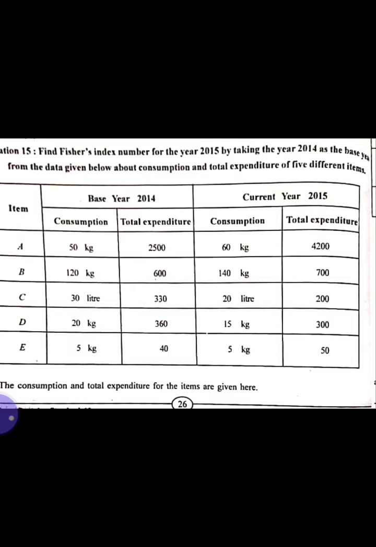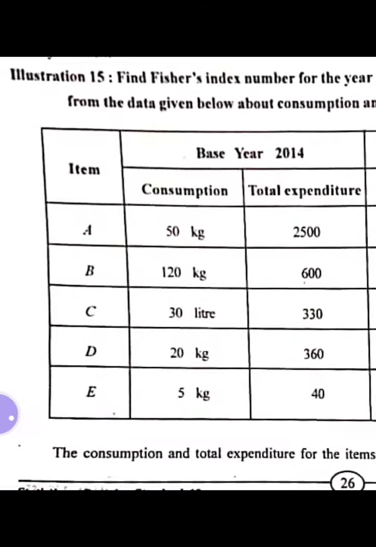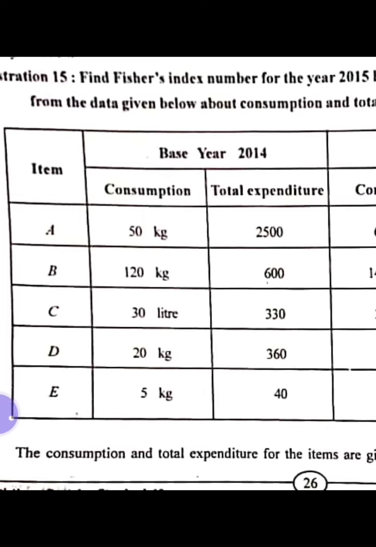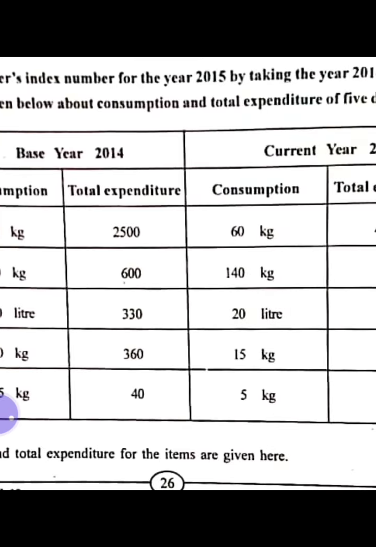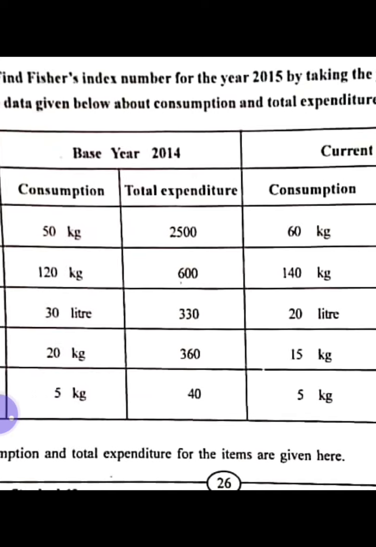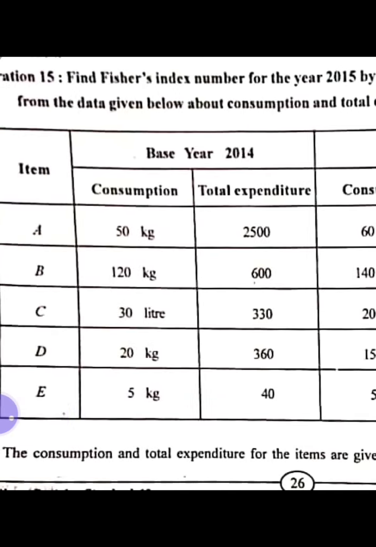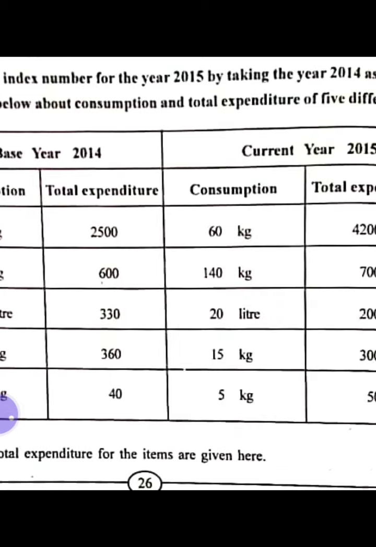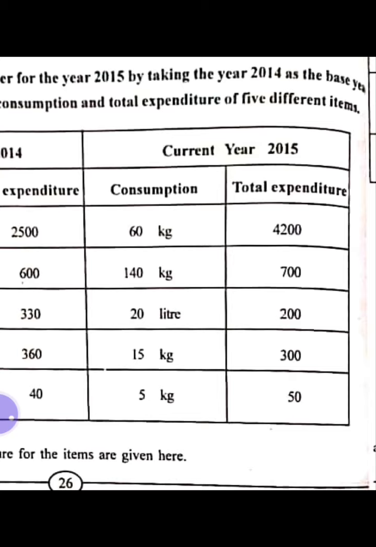Over here, 5 different items have been given to you, that is A, B, C, D and E. You would find 2 years have been given to you, base year that is 2014 and the current year that is 2015, right? They have given you the consumption and the total expenditure of the base year 2014 and the consumption and the total expenditure of the current year 2015.